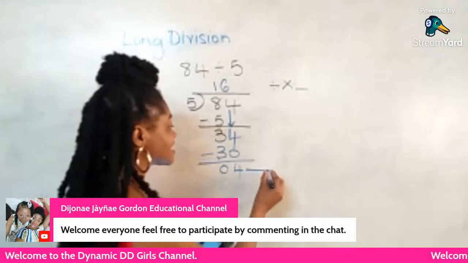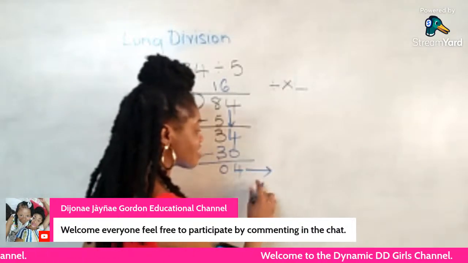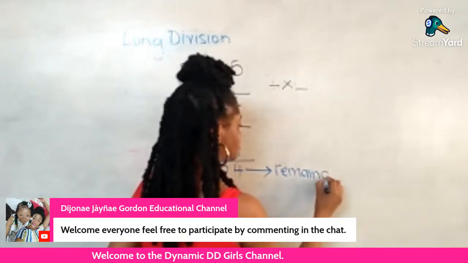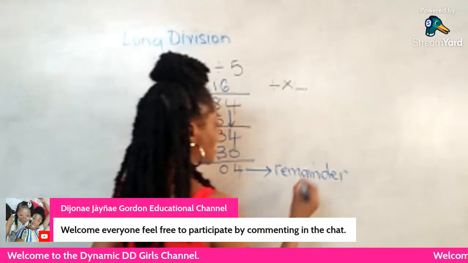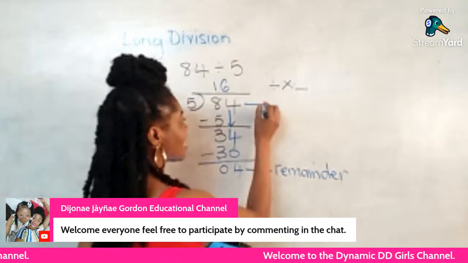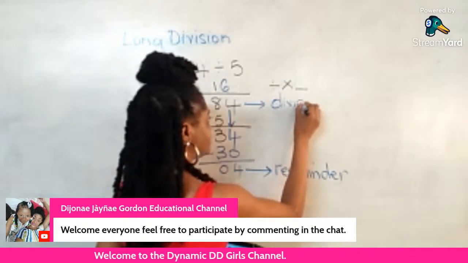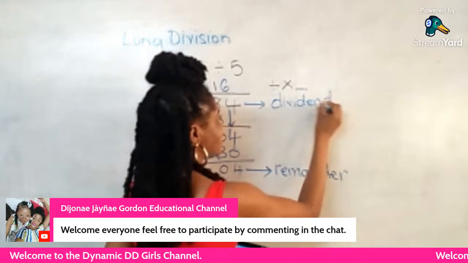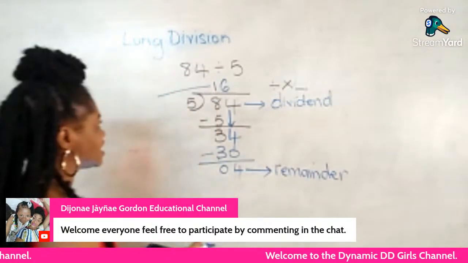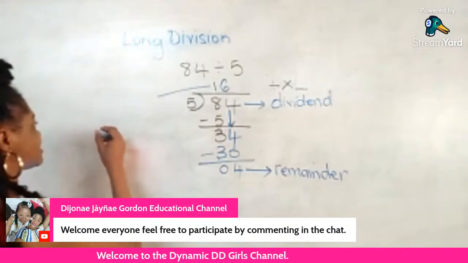Right here we have 4, and this is the remainder. We have 84, which is known as your dividend, D-I-V-I-D-E-N-D. And 16 up here is known as your quotient. 16 is your quotient.